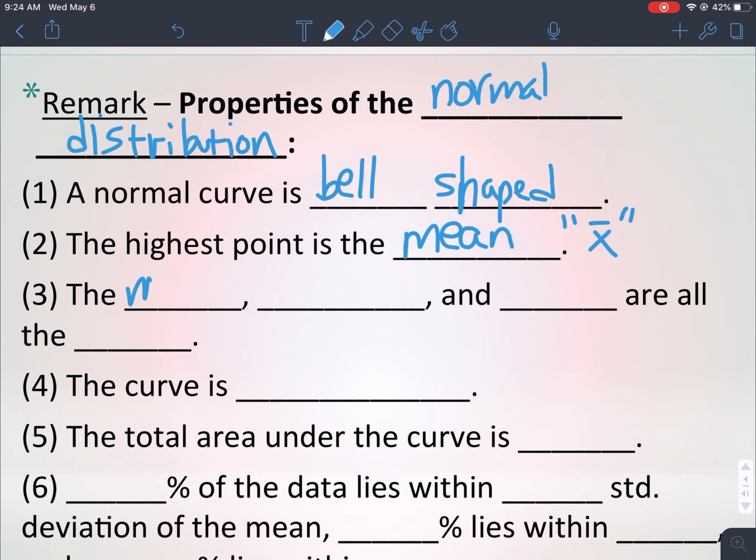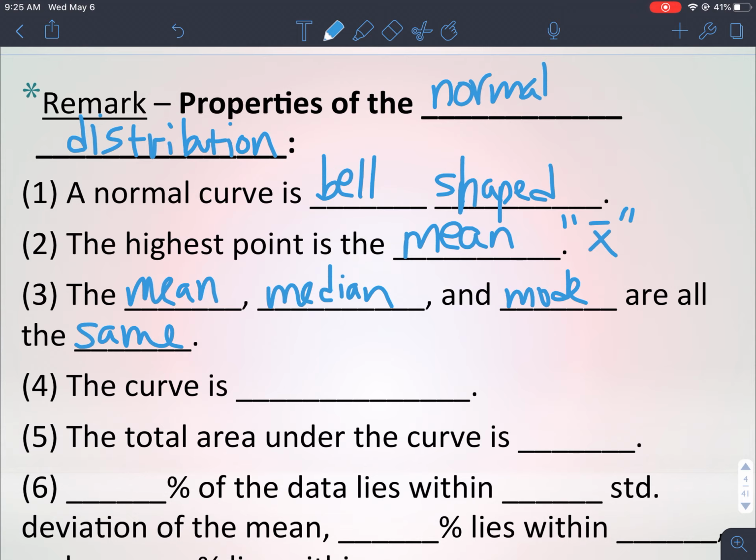The mean, median, and mode are all the same. What that means is that there's only one value for each of them, so there's basically no mode, and the center of the distribution would have to be where the mean is.